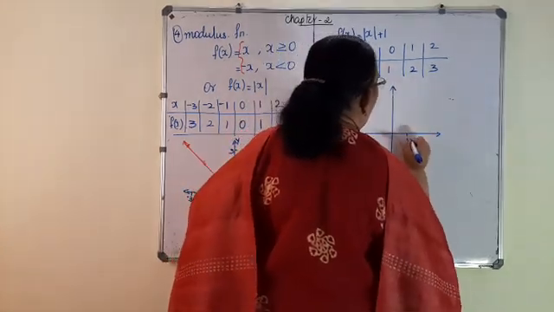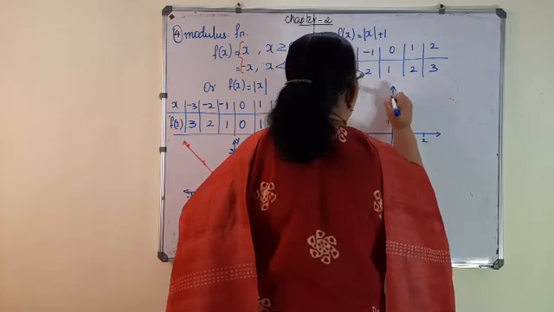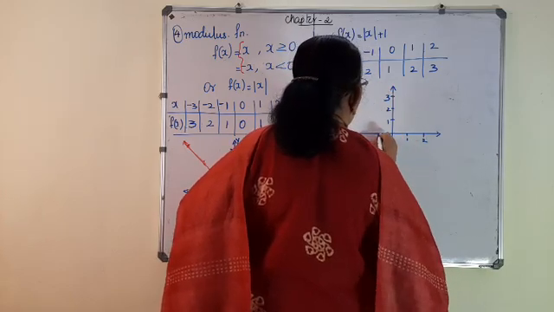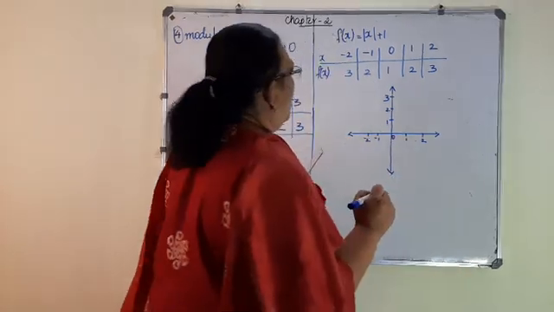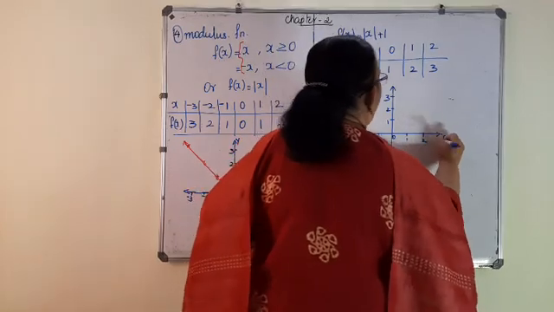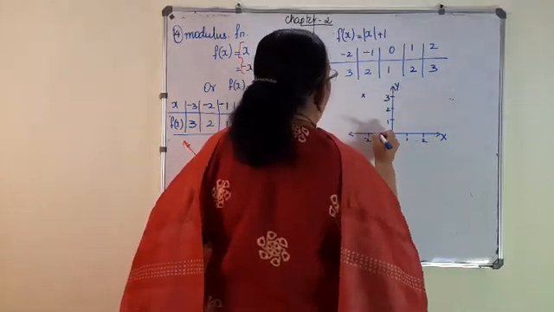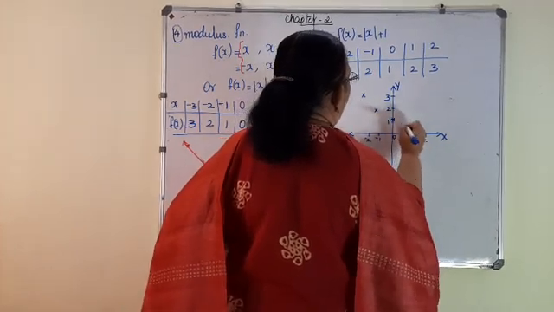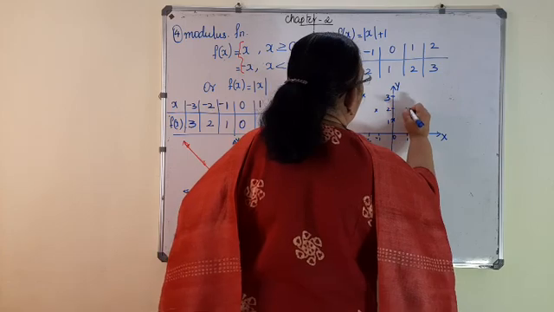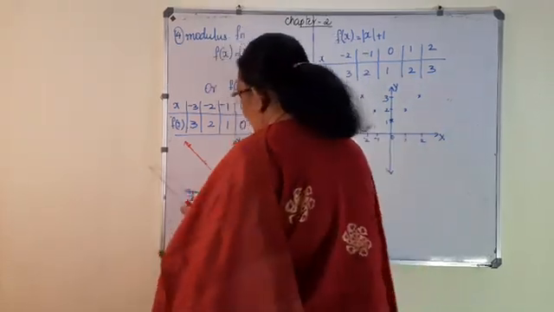Minus 2 gives 3, minus 1 gives 2, 0 gives 1, 1 gives 2, 2 gives 3. Now, let us join them.